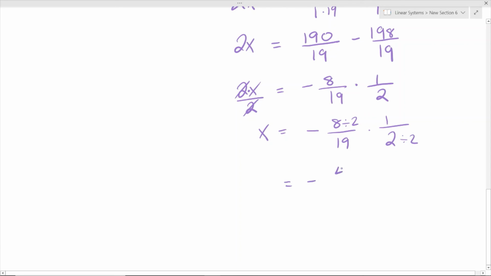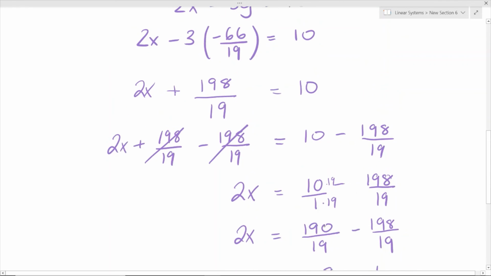It's negative 4 over 19. 2 divided by 2 is going to give me 1, so it's just going to become 1 over 1, and that's the same as 1 times negative 4 over 19. It's just going to be negative 4 over 19, right? 1 over 1 is 1. And there we have it. We have found our x. So x is equal to negative 4 over 19.